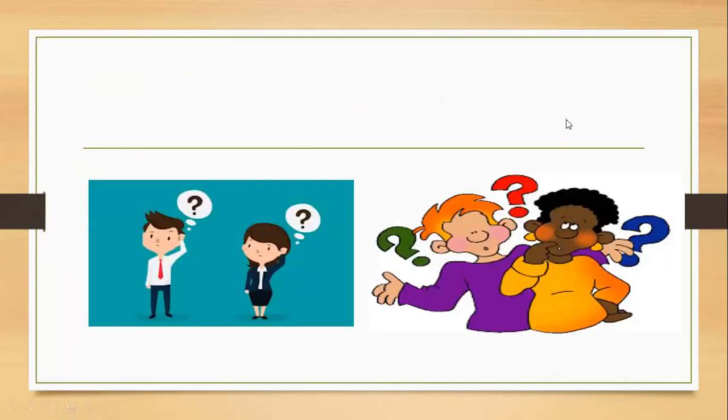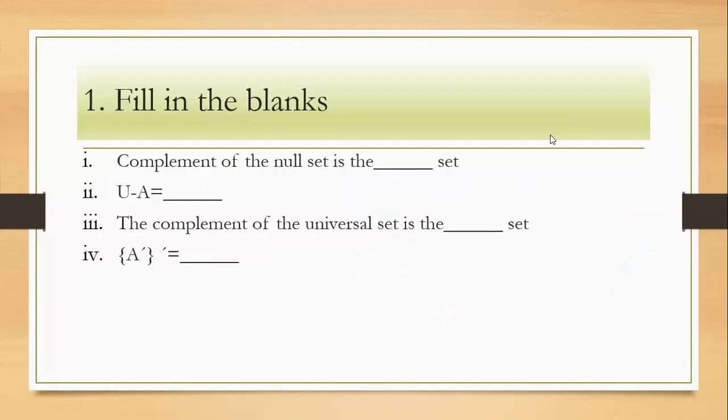Now, my dear students, it's my turn to ask the questions. Ready? Question number 1. Complement of the null set is the dash set. Now, I want you to write your answers in the chat box.